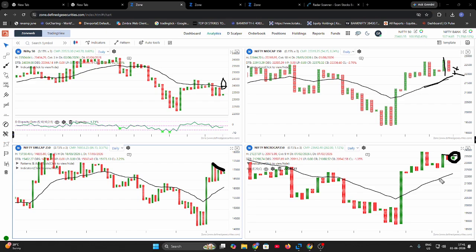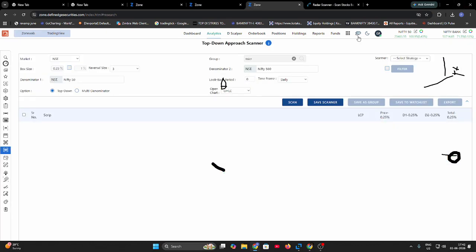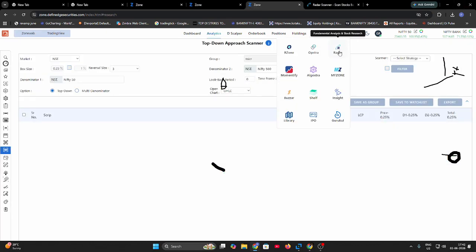When it comes to micro cap, one thing we need to be very clear about is that in micro cap we need to use a fundamental filter, because the volatility is very high. A stock can go 15-20% just like that on a daily basis, unlike Nifty 50 or a mid cap. So whenever we trade in micro cap, if you go to the same zone here, you put it across, there will be something called Radar.